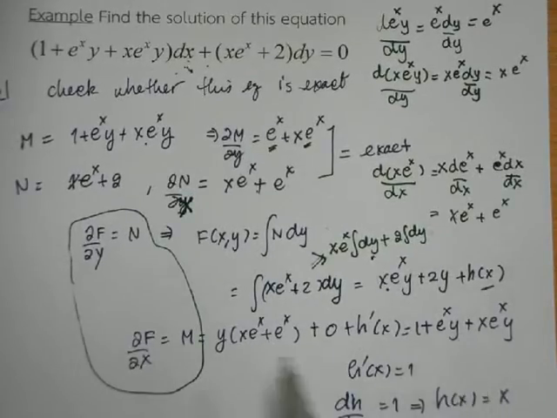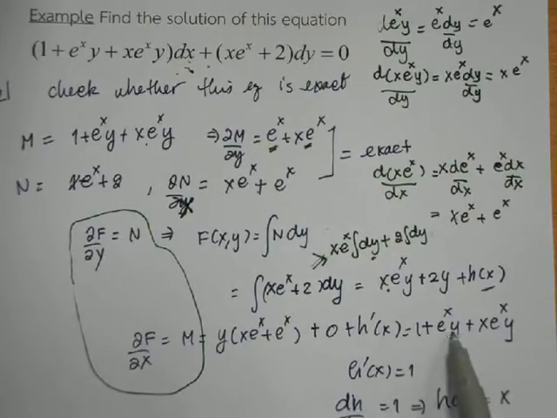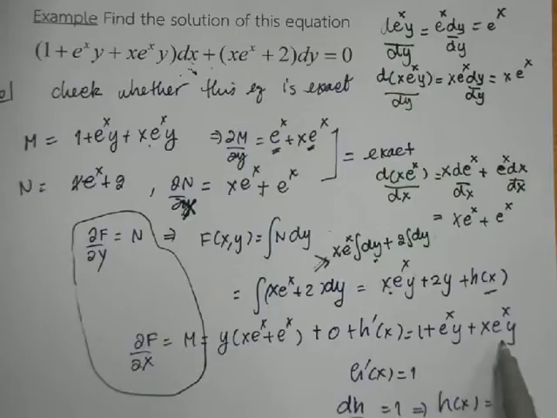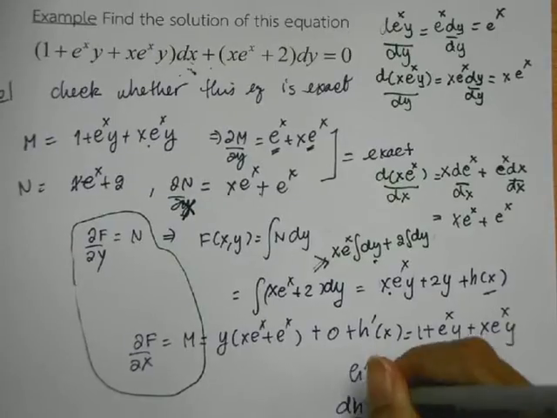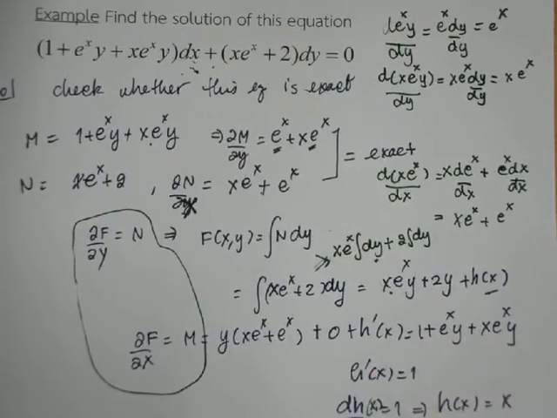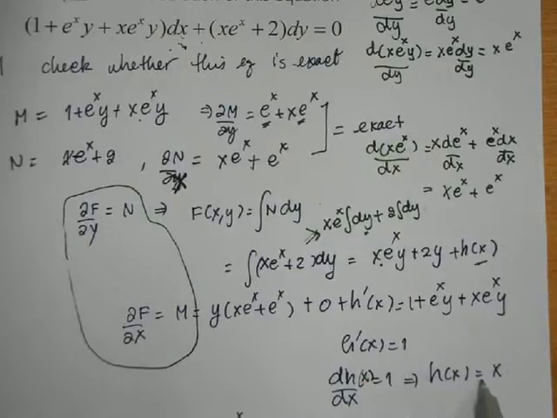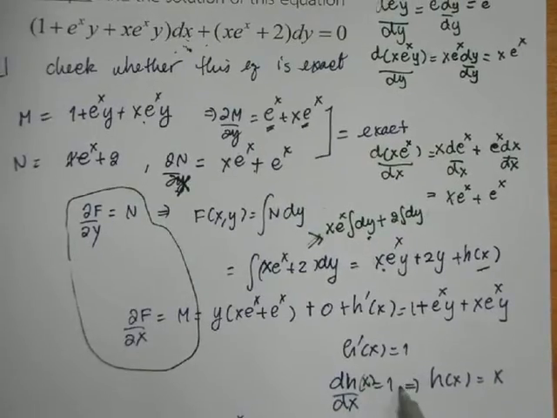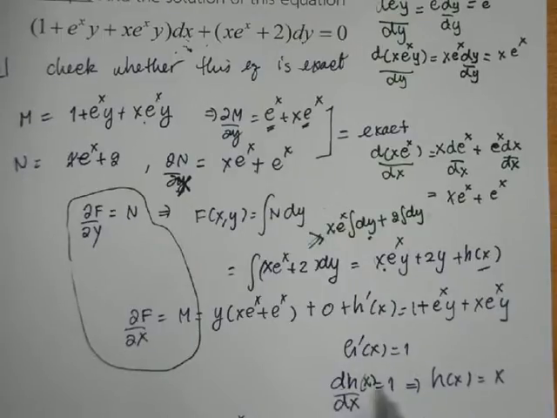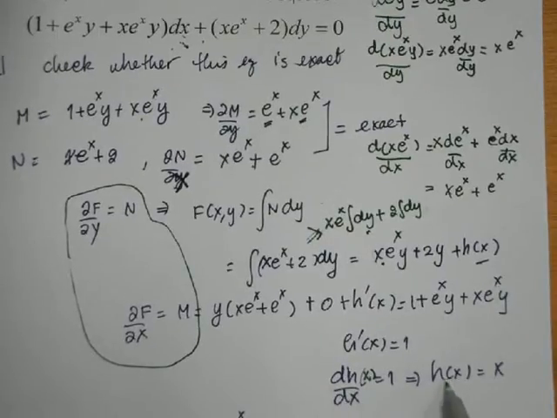This term and this term look pretty much the same as this term and this term, so they all cancel out. At the end, I would get the derivative of h(x), h'(x), equal to 1. From this, I can find h(x) by moving dx to this side and integrating both sides, and I would get h(x) equal to x.